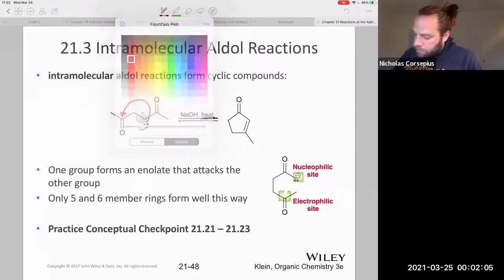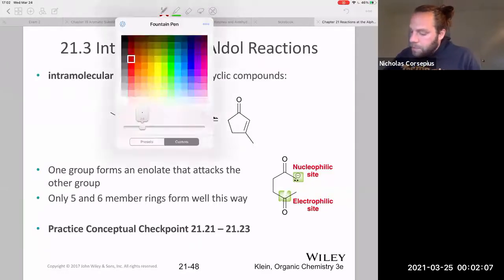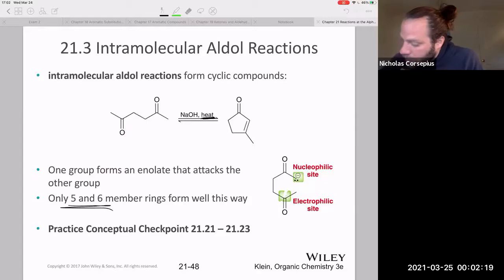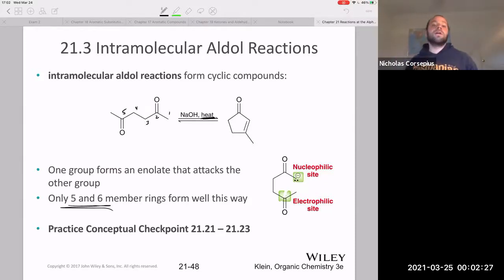But you're only going to have this when your alpha carbon is located 5 or 6 carbons away from the other carbonyl carbon. So again, just to hammer this home, I have this alpha carbon located 1, 2, 3, 4, 5 carbons away from this carbonyl carbon. Then I have the potential to form an intramolecular aldol reaction.